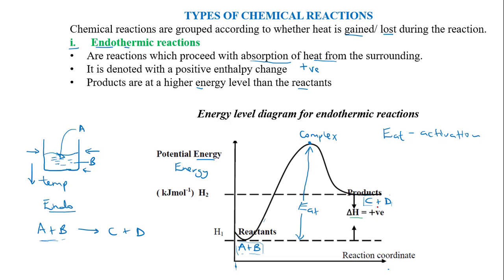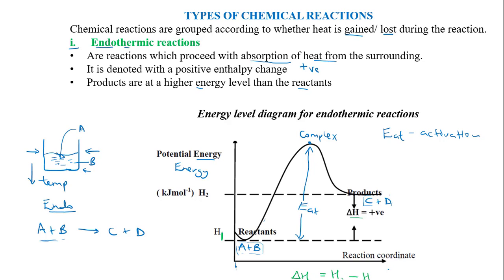It is positive because the products C and D are at a higher level compared to the reactants A and B. When you look at H1, the energy of the reactants, and H2, the energy of our products, if we take H2, the energy of the products, minus H1, we shall get our delta H.